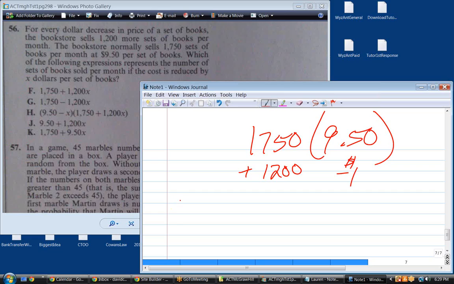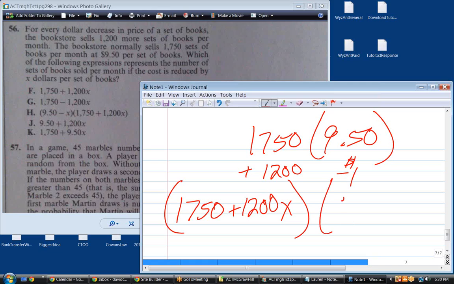So I'm going to sell 1,750 plus 1,200 times X, the number of dollars that I decrease the price by, and that's the number of books I'm going to sell, and I'm going to sell them priced at $9.50 minus X.